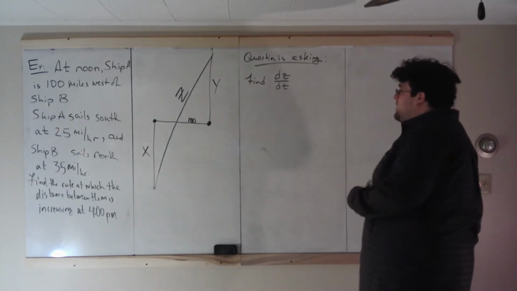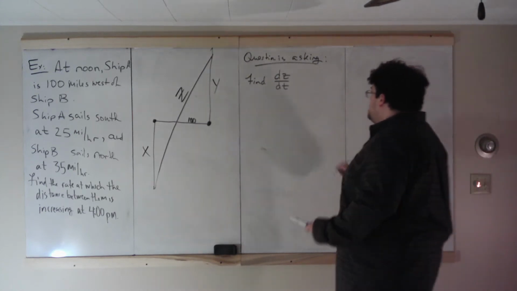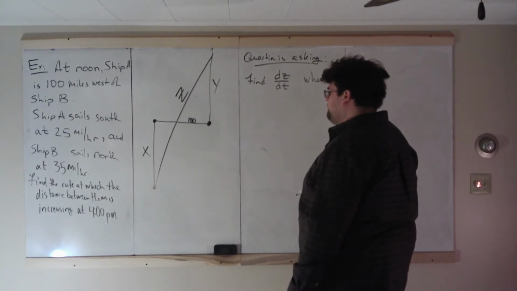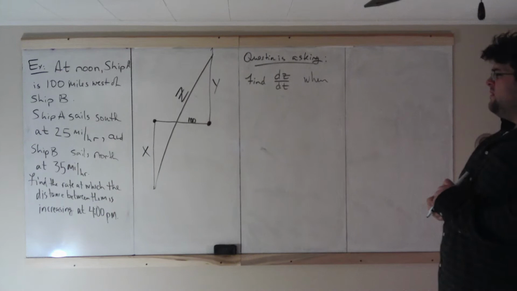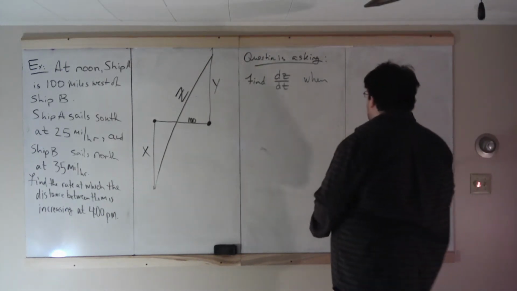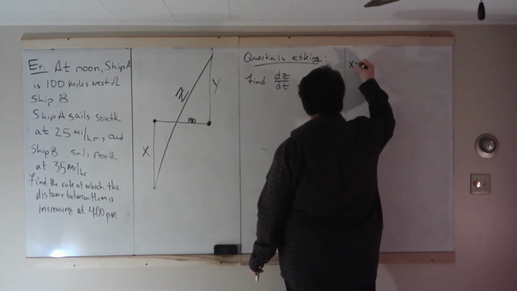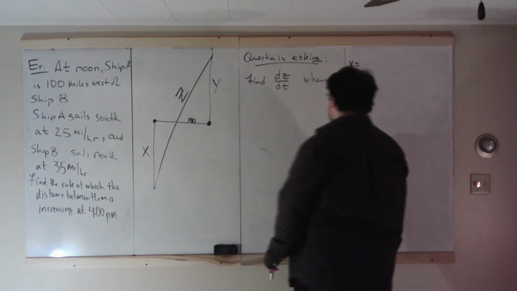Find dz dt. When do we want dz dt? We want it at 4 p.m. What are x, y, and z at 4 p.m.? Well, our variables are x, y, and z. So we're going to want a when x equals, a when y equals, and a when z equals.